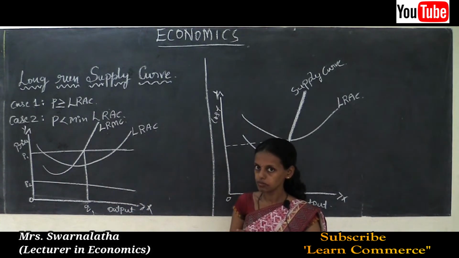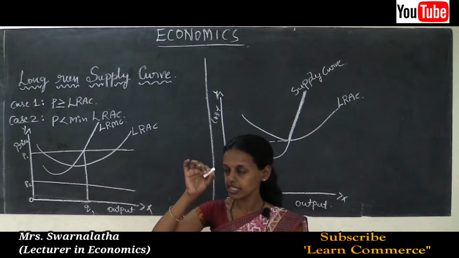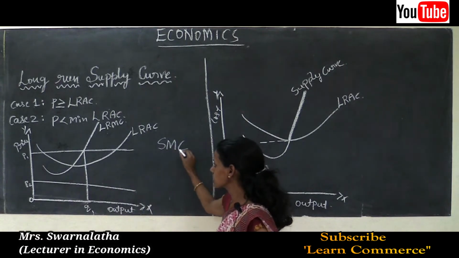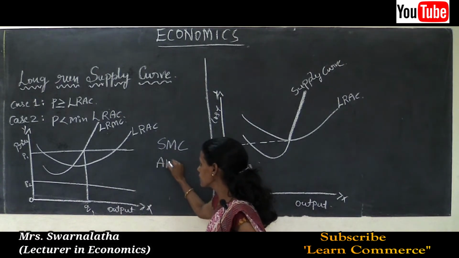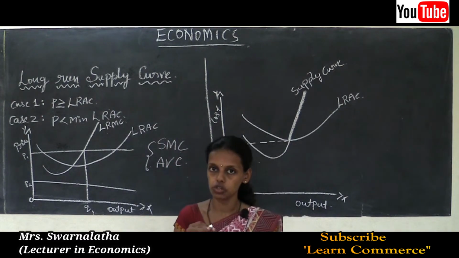In the short run, as we studied, when the SMC curve cuts the AVC curve below the minimum point, it is the short run shutdown point.